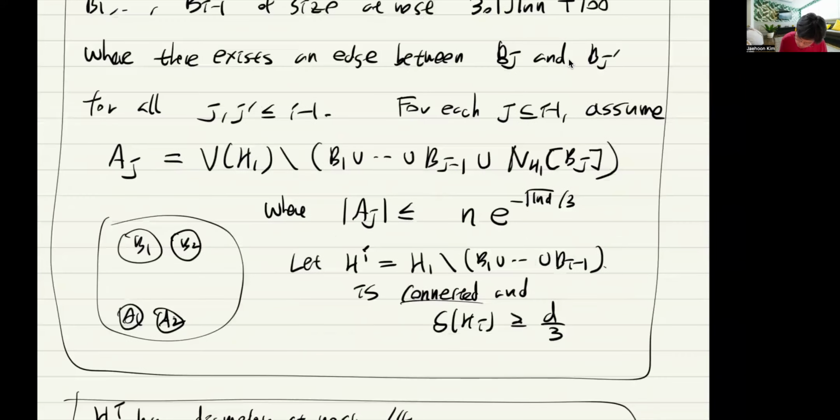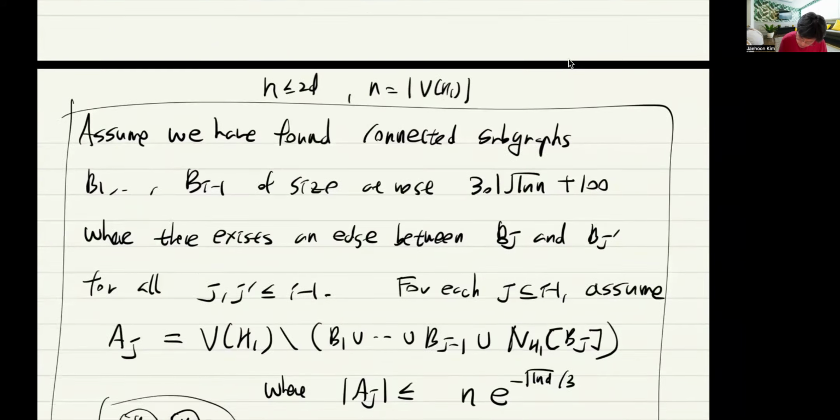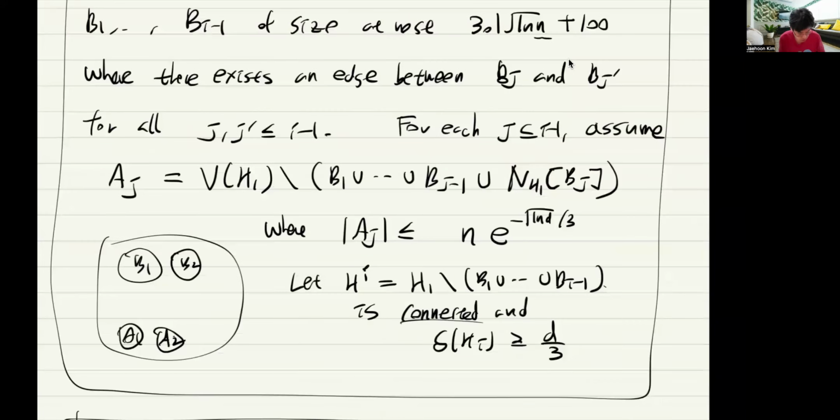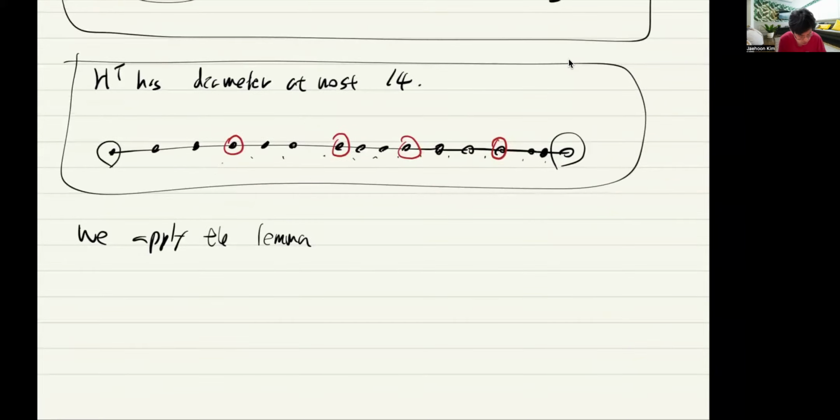And let's write it in this way. And yeah, this is n. Okay. Then you apply the lemma. We obtain a set, say, B_i prime, having the lemma.